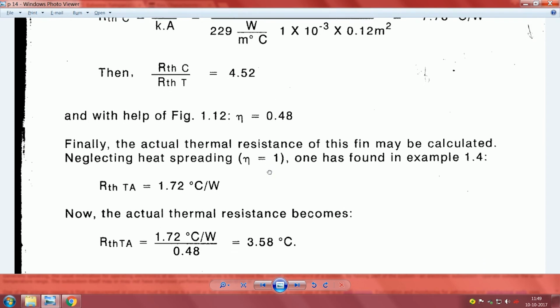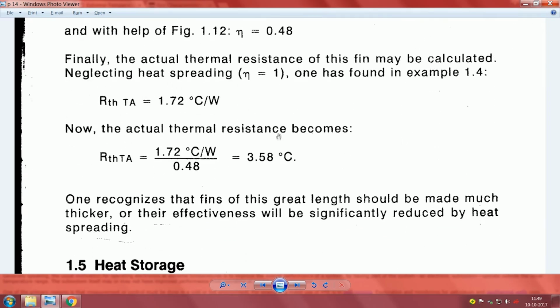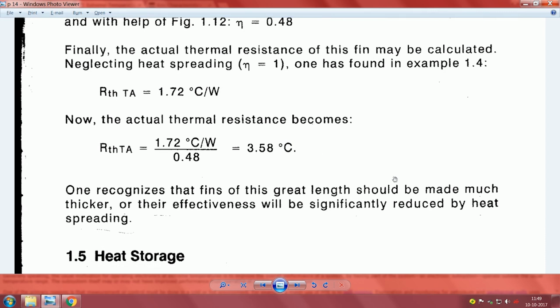Neglecting heat spreading, one has found the example, and then if you include heat spreading, fins of this great length should be made much thicker, or their effectiveness will be significantly reduced by heat spreading.